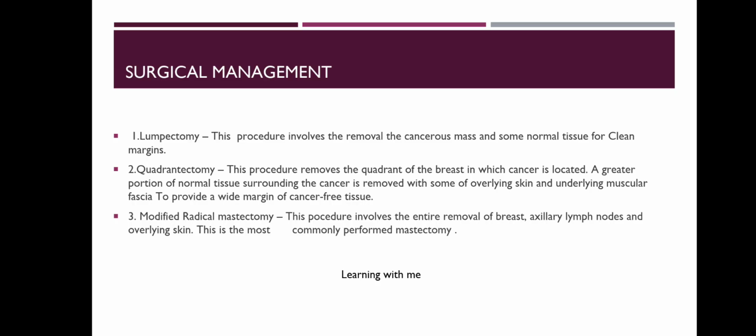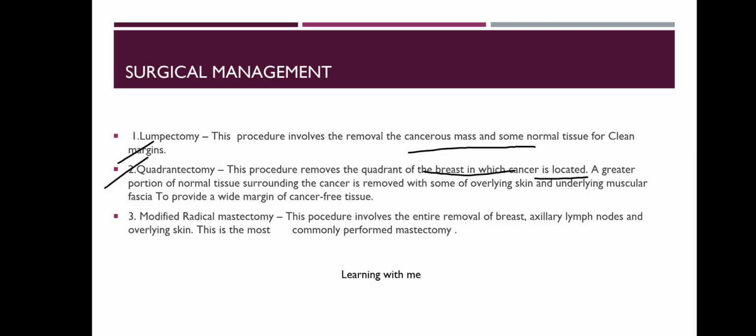Then surgical management. Lumpectomy: this procedure involves the removal of the cancerous mass and some normal tissue for a clean margin. Quadrantectomy: this procedure involves removal of the quadrant of the breast in which cancer is located.